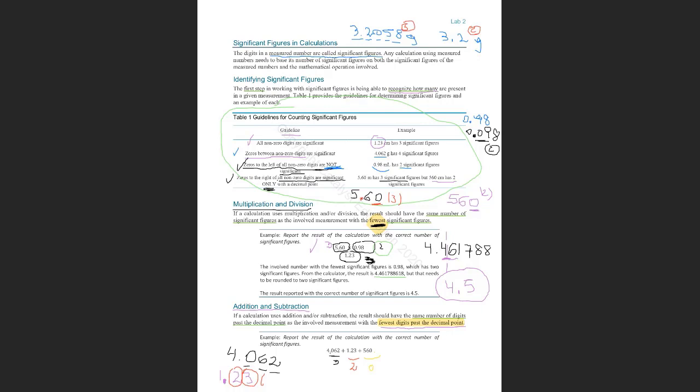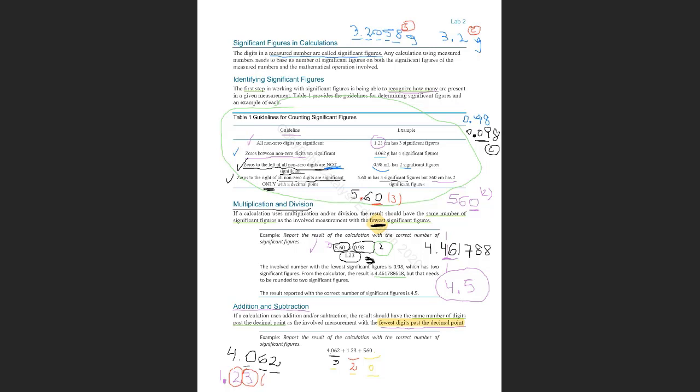So when I do this addition, my answer cannot have more than 0 digits after the decimal point. I look at which number is the smallest. The first one is 3, the second 2, the third one 0. I have to have 0.